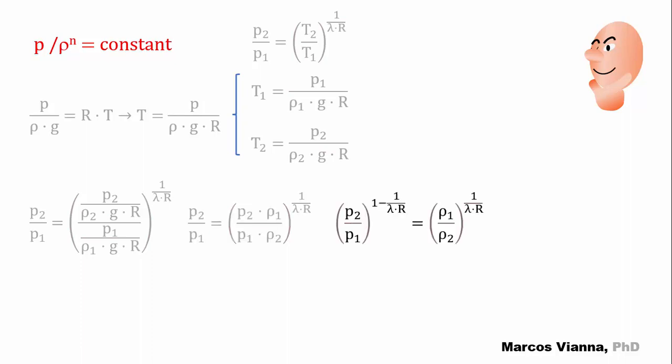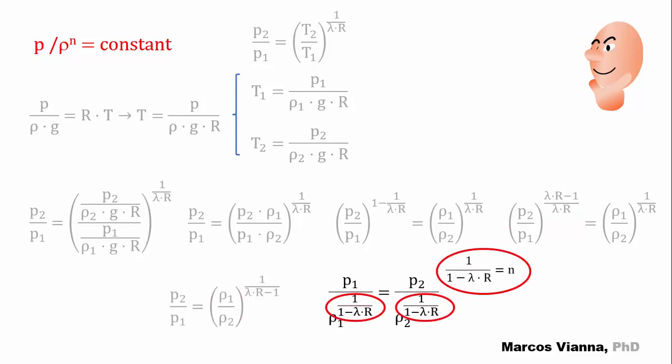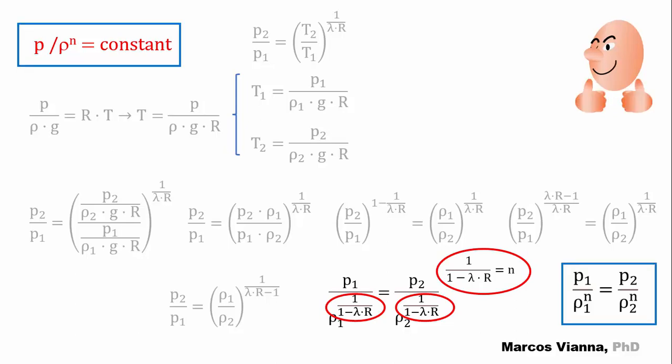It can be simplified a little more, or even better. Look how cute it's looking now. Now it's almost perfect. If we call 1 over 1 minus lambda R equals n, we arrive here where we wanted. P over ρ to n equals constant.